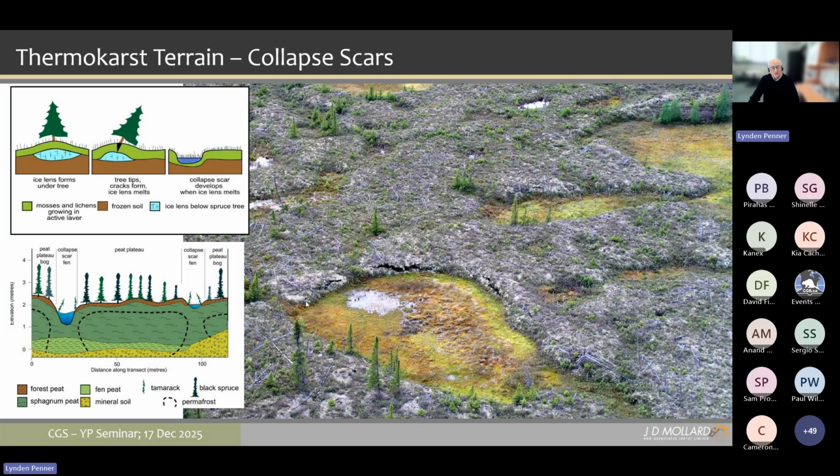So very distinctive. Sometimes if you've got a tree along the margin, you'll see the tree toppling, falling into the collapse scar. So you've got an ice lens that's formed, and as the ice melts, you're left with a collapse scar depression.